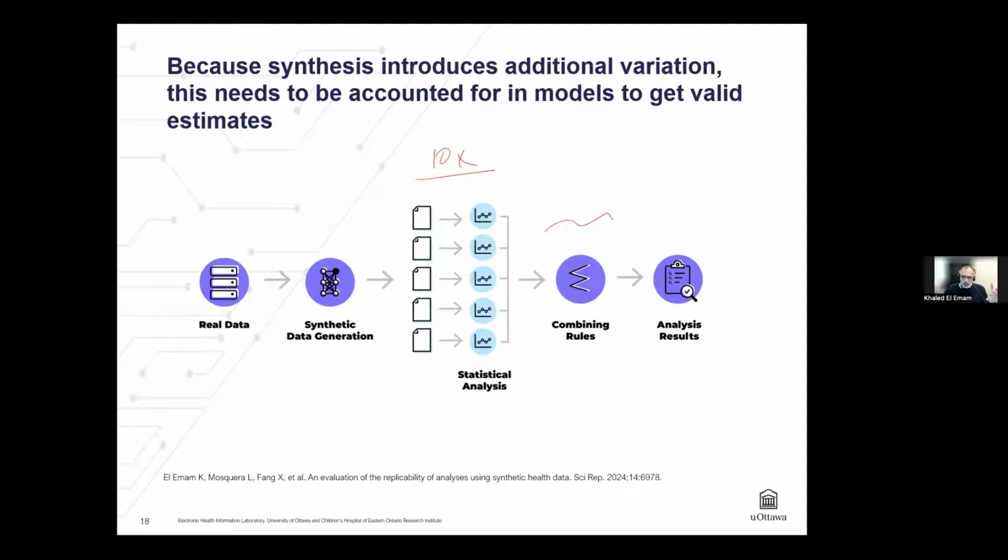Once you combine the analysis results, you get the final analysis results, which are a lot more stable. So essentially factoring out the stochasticity that's introduced by the synthetic data generation process itself. And that turns out to be a much better way, and it's the correct way, at least for drawing valid inferences, for analyzing synthetic data.